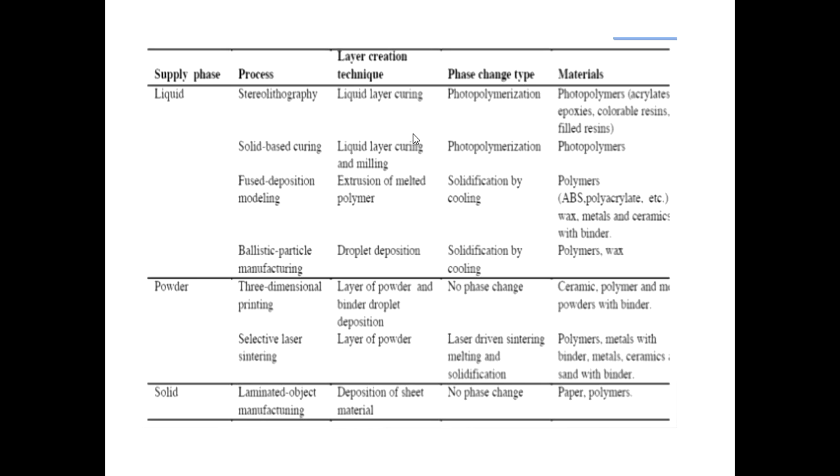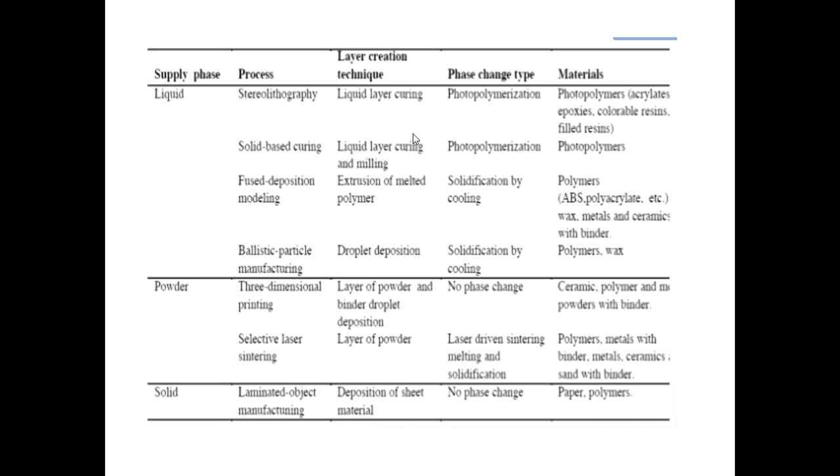Then we have the powder. Powder form we are using in 3-dimensional printing, that is called 3D printing, and selective laser sintering. In this case we are using the powder form, and we have to deposit the powder one above the another, and then we are adding some binder material in the powder also. This we will see in the actual process. Then in the solid process we have laminated object manufacturing.